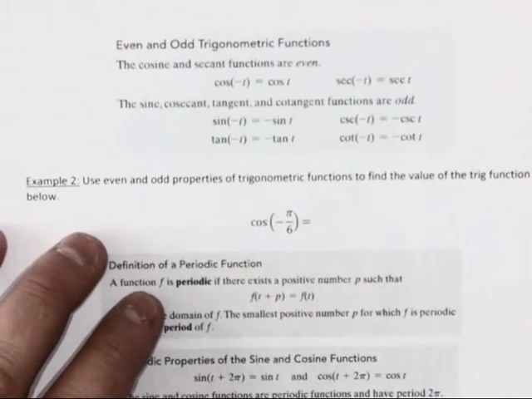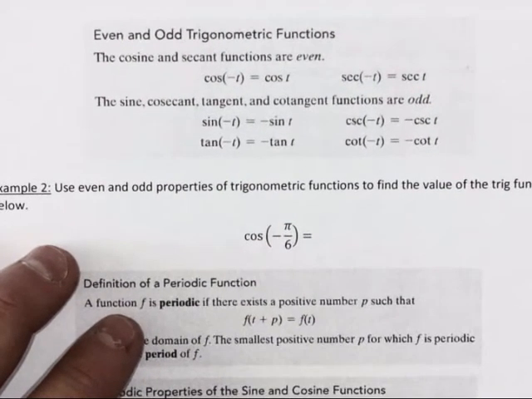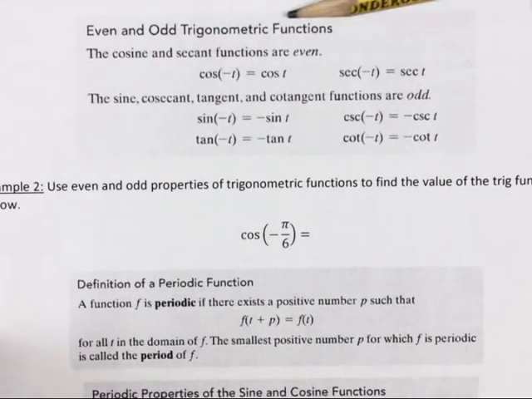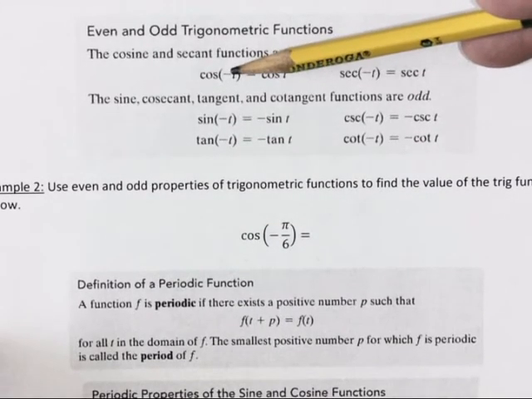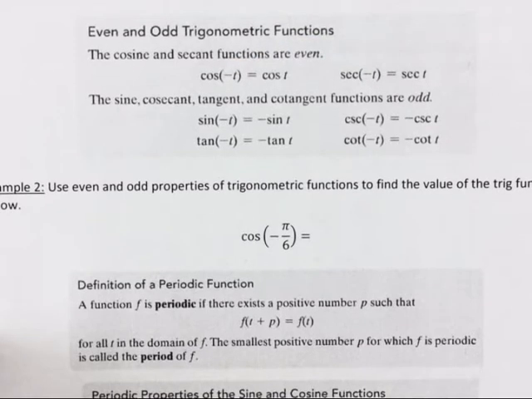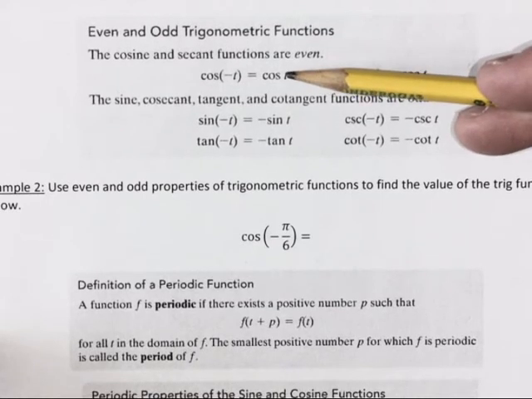Even and odd trig functions. Basically, we're seeing what happens to the value of the function if I change the sign of the angle. If I make the angle measure negative on cosine and secant, notice that the value of that trig function does not change from if the angle was positive.